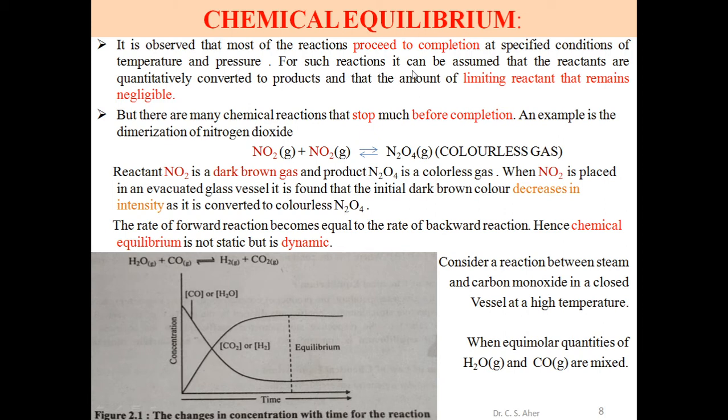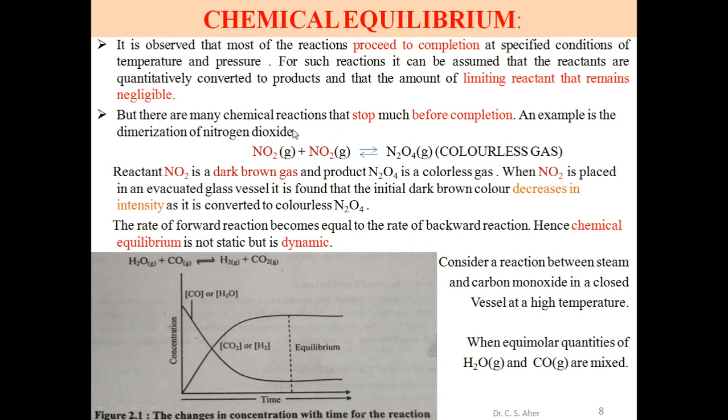For such reactions, it can be assumed that the reactants are quantitatively converted to product, and that the amount of limiting reactant that remains is negligible. The meaning of this statement is that the reactants are consumed to form product, and the reactant amount is negligible. That is, we say near about 100% conversion of reactant into product.